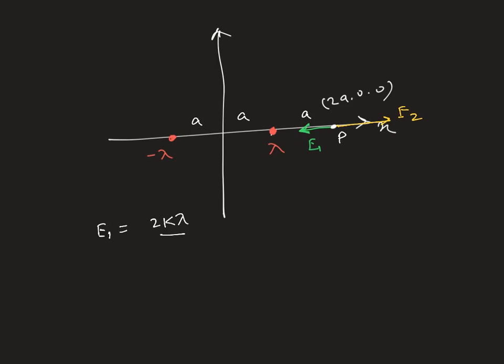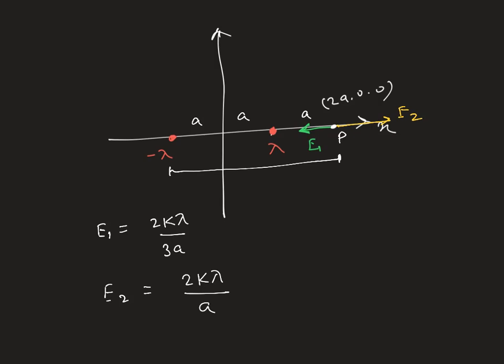So what is the distance between negative lambda and the point P? It is going to be 3a. Okay, so what is E2 going to be? 2kλ upon, what is the distance? That is a.